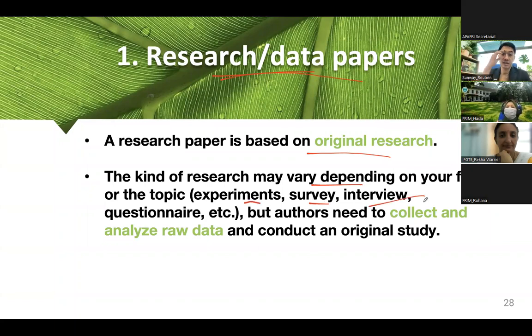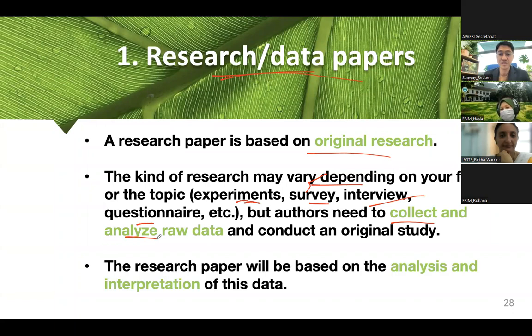You also may be actually asking people. If you're managing a forest concession, you're asking local communities how they feel about forest management, for example. This will involve semi-structured questionnaires like what you saw earlier. So again, it doesn't have to be research that involves experiments, it can really involve questionnaires as well. But ultimately, you need to collect raw data, which you will then analyze and then publish the findings.